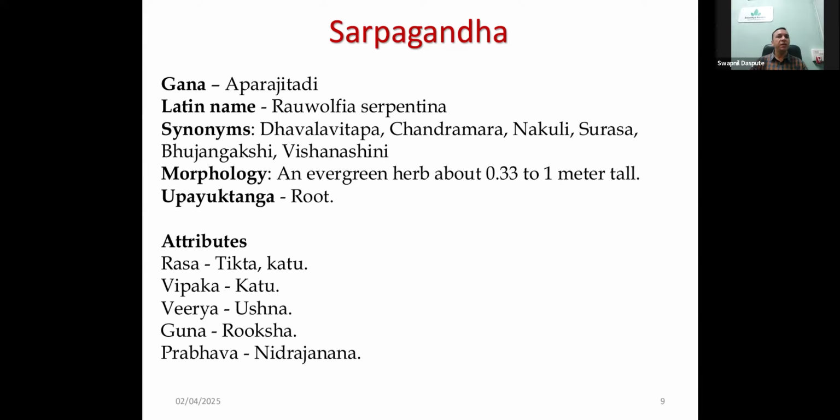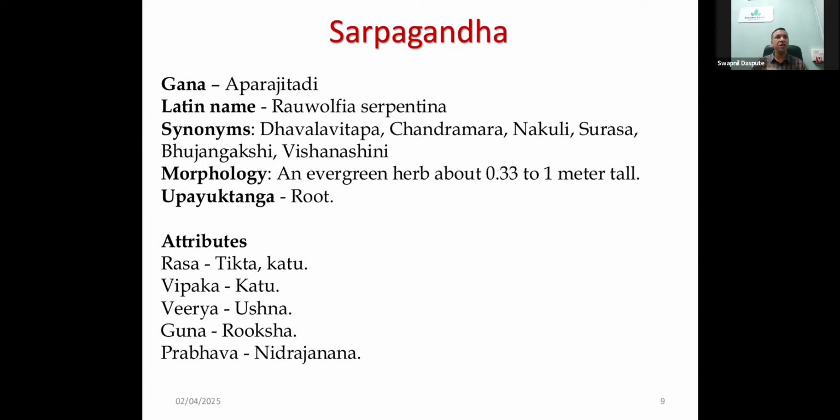Synonyms: Dhavala Vitapa, Chandra, Chandramara, Nakuli. Nakuli again is, I think, white. Nakul also means white. Surasa, Bhujangakshi. Here again it relates to snake.